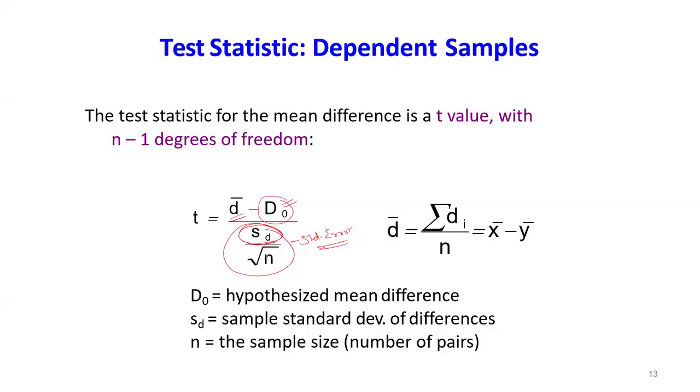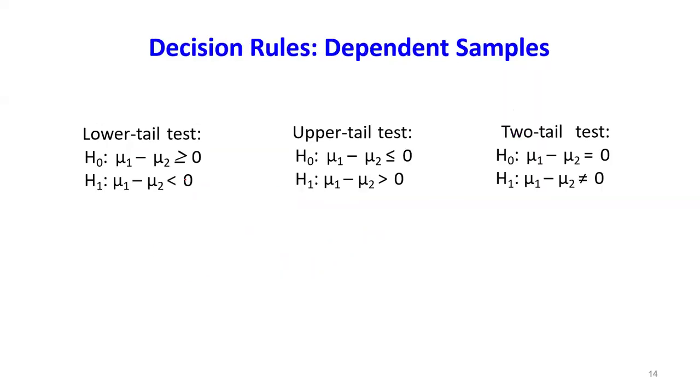Standard deviation divided by square root of sample size is nothing but your standard error. So this would be the formula for T, which is the test statistic. And after that, you know what to do. You find the probability, and based on the probability, you take the decision whether to accept or reject your null hypothesis.